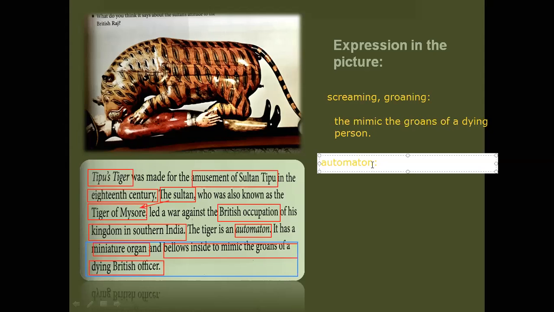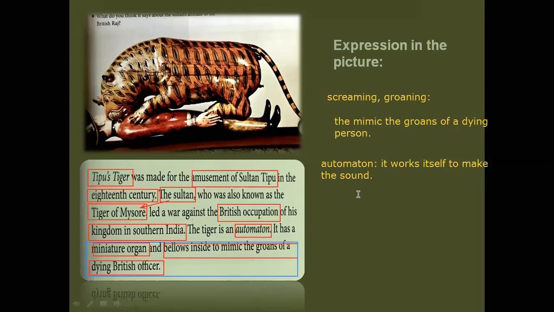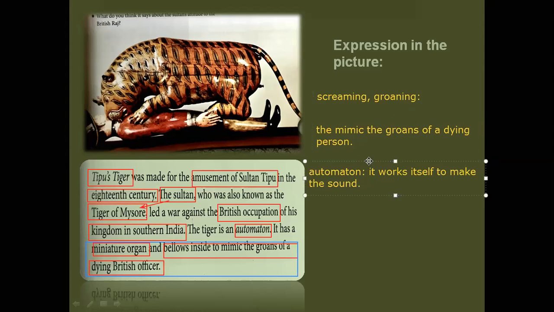It works by itself, automatically. It makes the sound. Yes. Which sound? The dying British soldier sound. Okay. So that's what we can say in this part. Let's move on to the next slide.